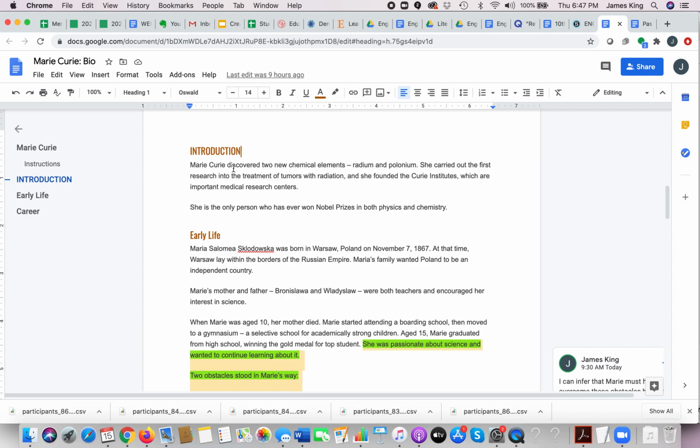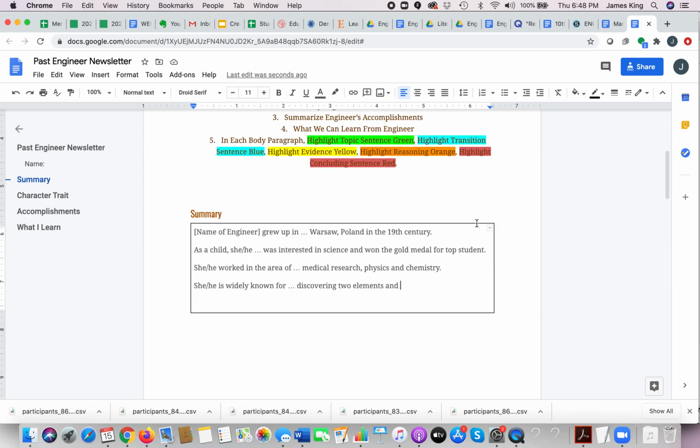Well, her introduction says her most important accomplishments. She carried out the first research into the treatment of tumors with radiation. Okay. She's widely known for discovering two elements and being the first person to treat tumors with radiation.